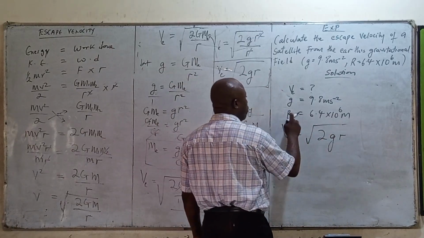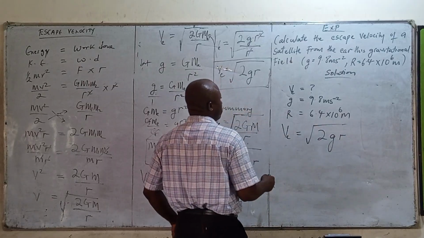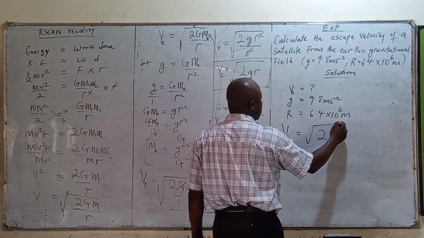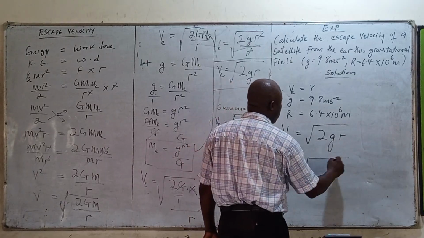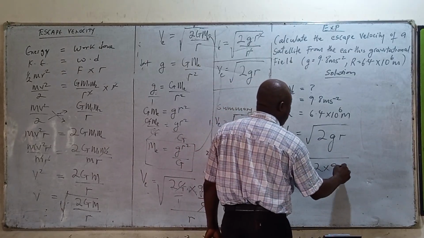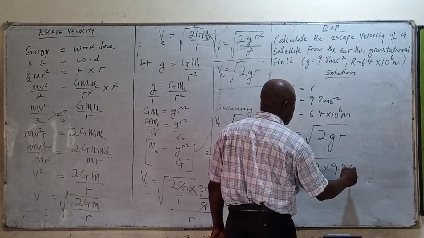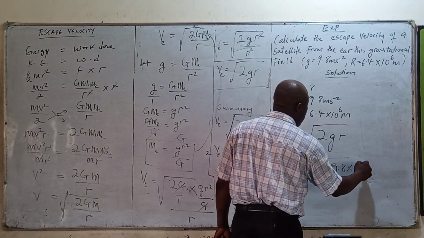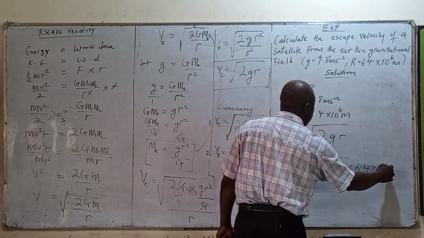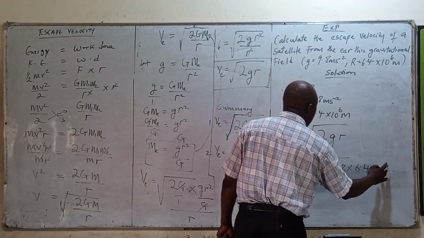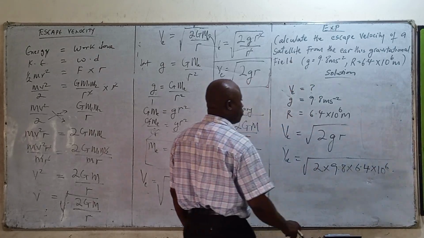It can be small r or big R. In this case, we substitute: escape velocity is given by square root of 2 times 9.8 times R, where R is 6.4 times 10 raised to power 6. There's no need of putting meter here.